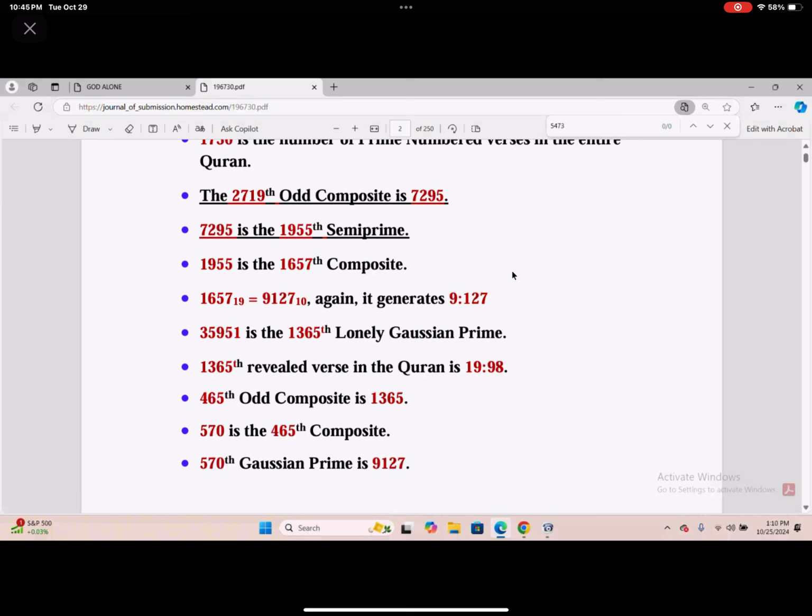The 465th odd composite happens to be 1365. I did not underline it because we already know this now. Again, this is in relation to odd composites. And 570 is the 465th composite, and 570 happens to be the index of Gaussian composite 9127.